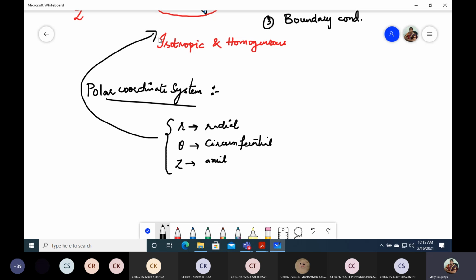Axisymmetric problems are most conveniently defined by the polar coordinate system with coordinates r, theta and z.